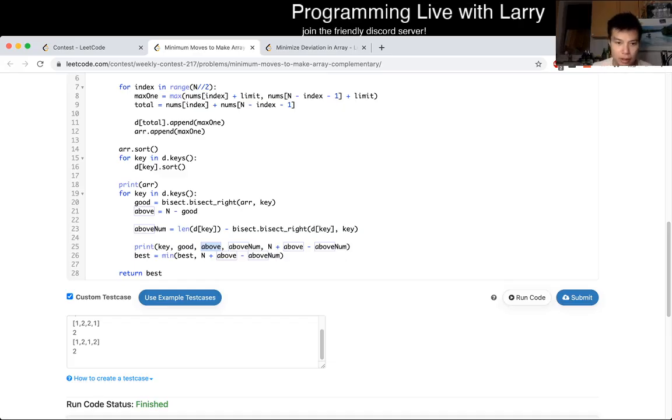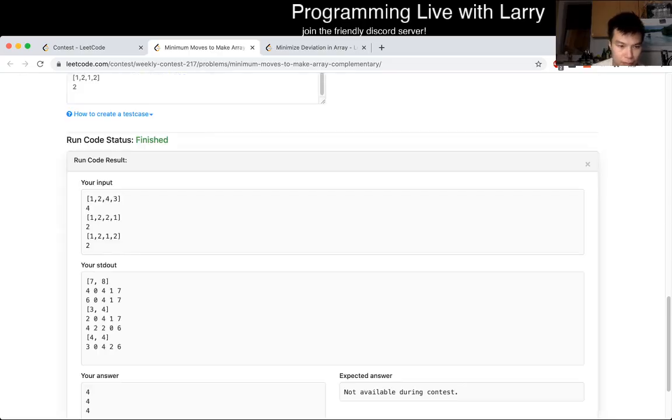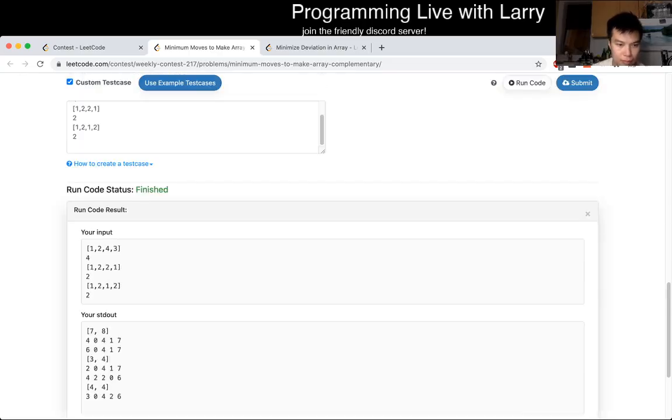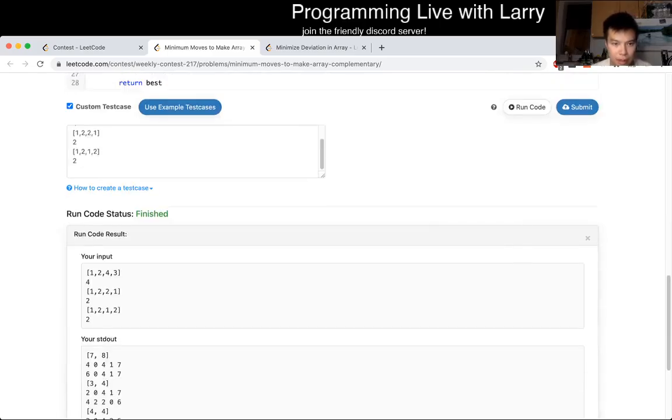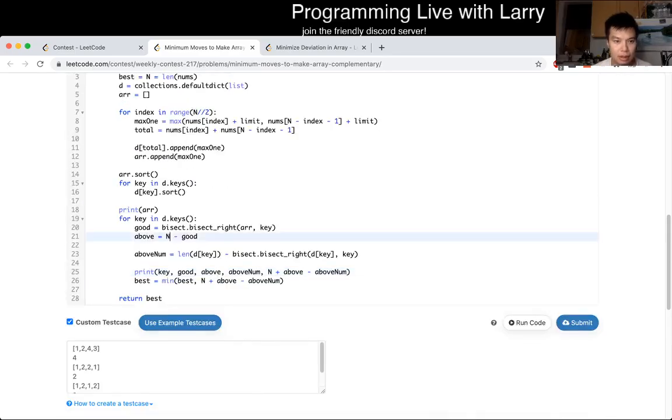And oh, and this is not n minus, this is n. Oh, just n over 2.